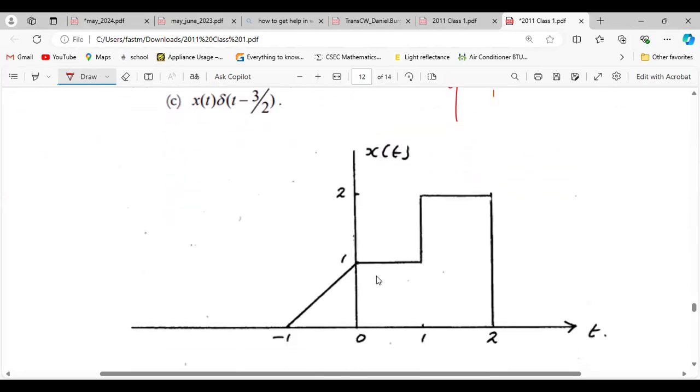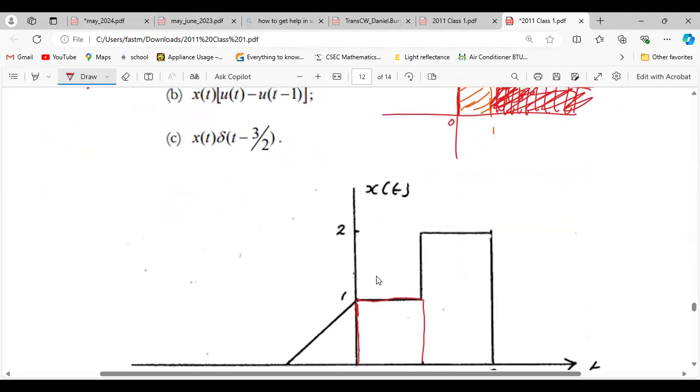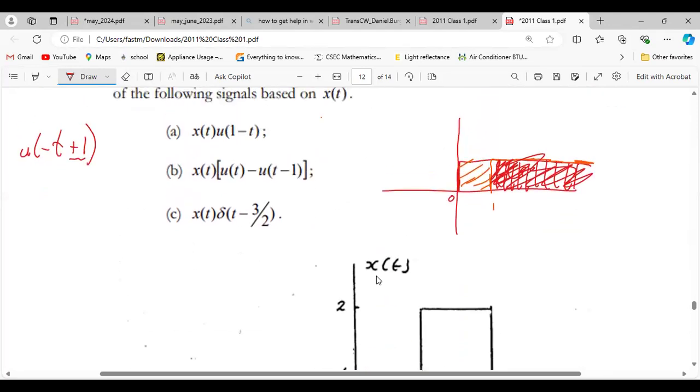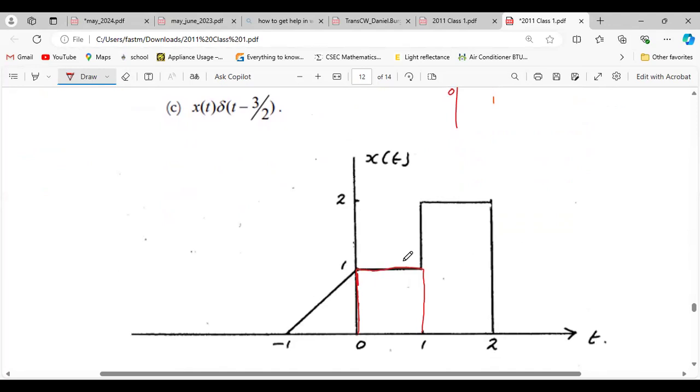So we just multiply the values. 1 by 1 is 1, so this will be the answer for that piece. Remember, this step is a unit step, so that's 1. When I multiply the two, 1 by 1 is 1, so it's going to be the same.